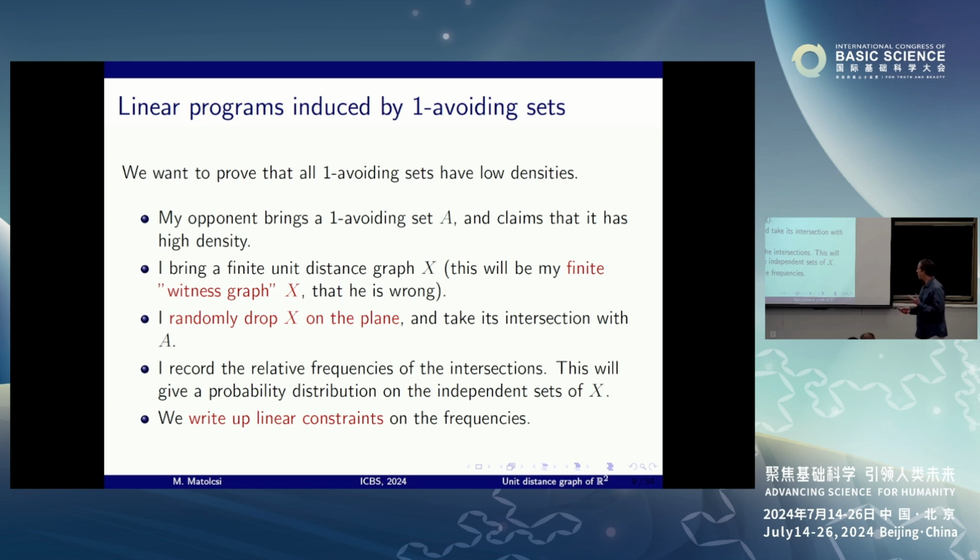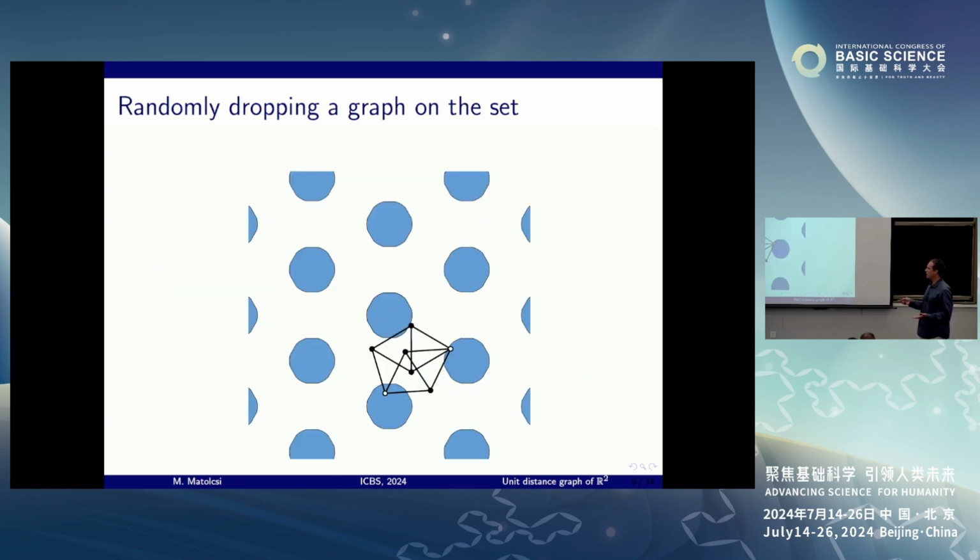So all these words are better explained by pictures. So someone comes to me with the cross construction and tells me that, okay, this has a very high density, 0.26, whatever. Of course, I know it's not because it's 0.23, but okay, I have to convince myself somehow and convince him.